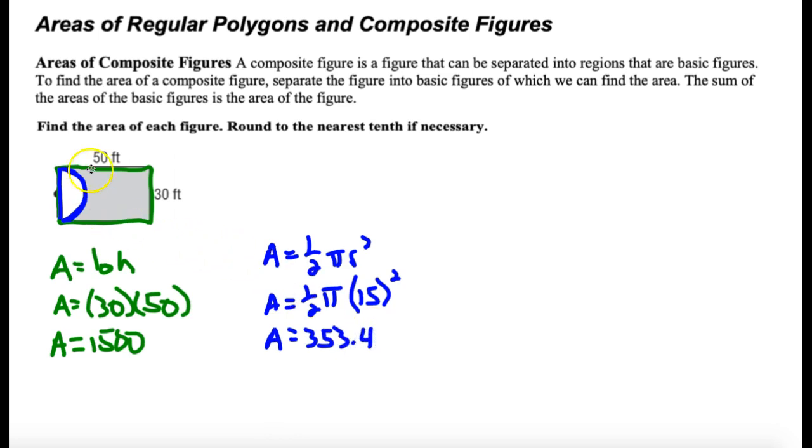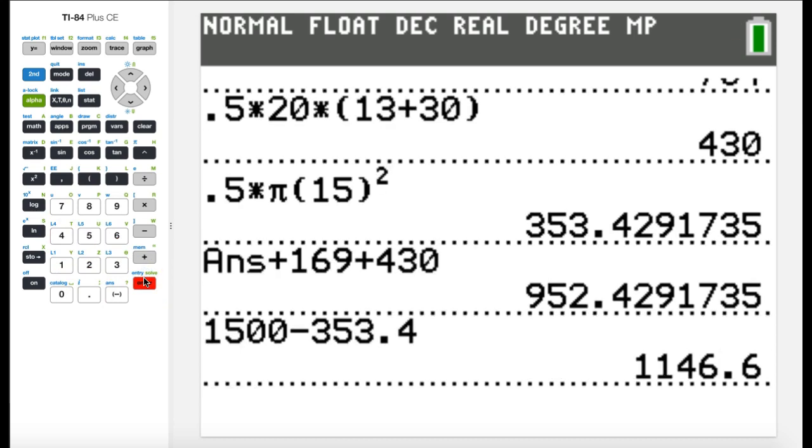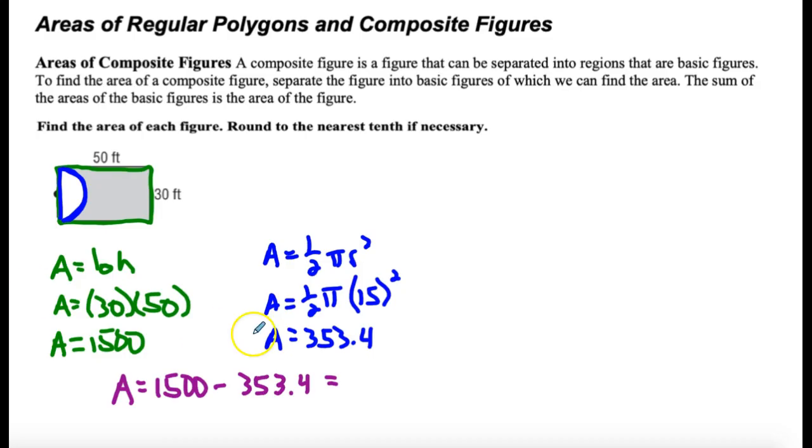Now, to find the area of just the shaded region, what we are going to do is subtract. So I'm going to take 1500 minus 353.4, and we end up with 1146.6.